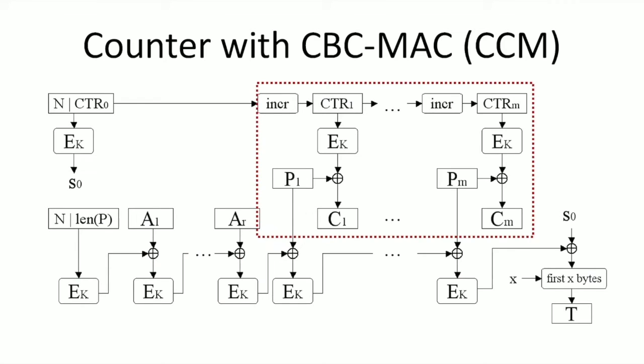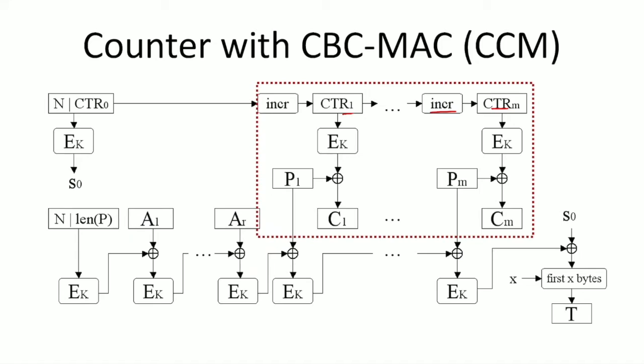And this area inside this rectangle is depicting the counter mode, which we just looked at. And this is being used here for encrypting the plaintext for confidentiality. As you can see here, we're using a different counter for each block.